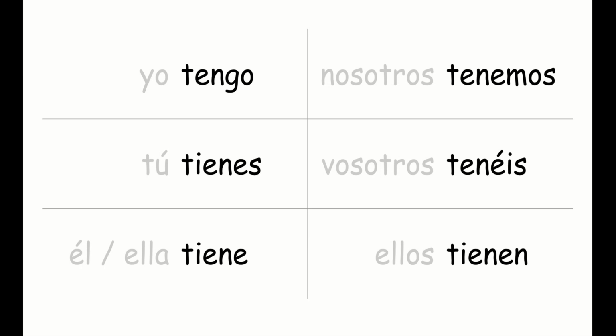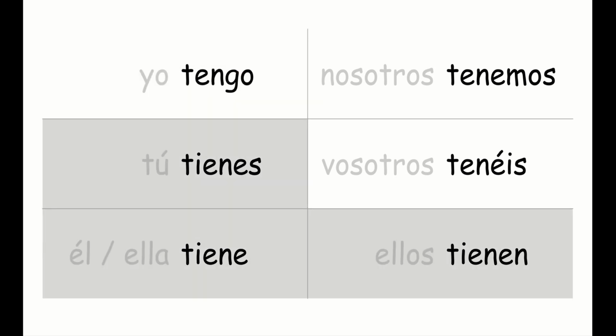So the first thing you're going to have to memorize is that the yo form has a go at the end. You're going to insert that G before the O. And there's actually a lot of verbs in Spanish that do this, and you will probably learn them eventually if you don't know them already. The tú, él, ella, and ellos forms of tener all add the I in there.